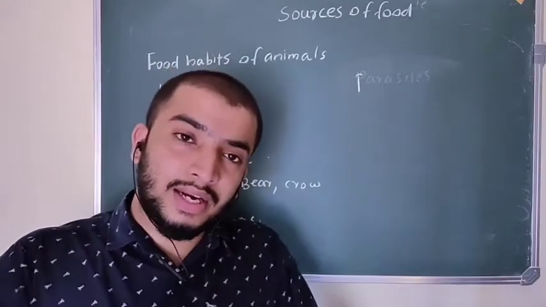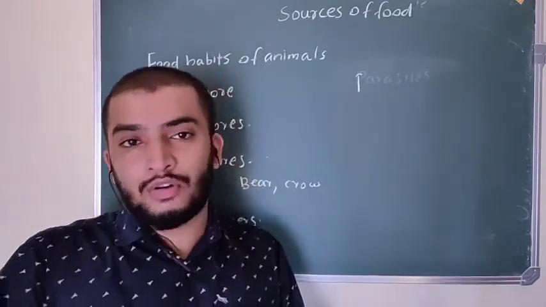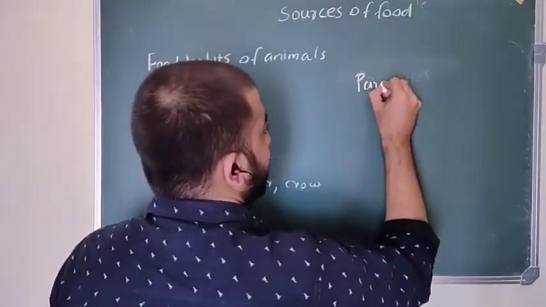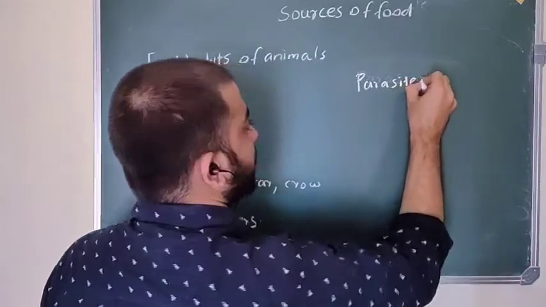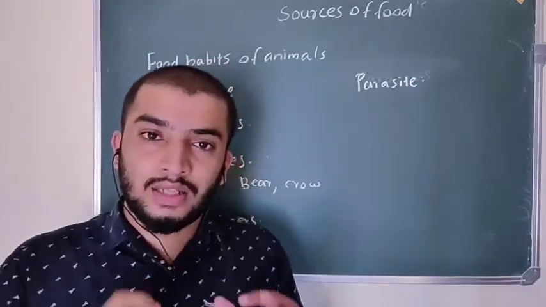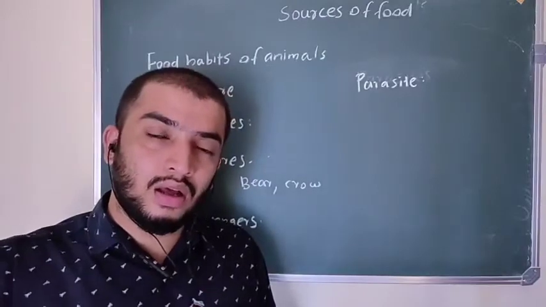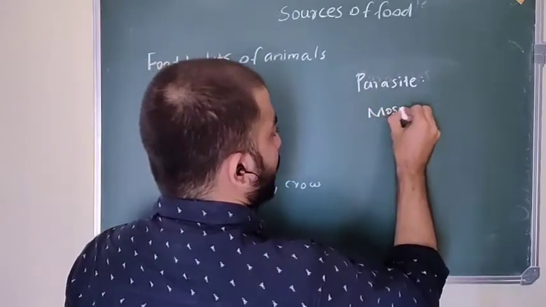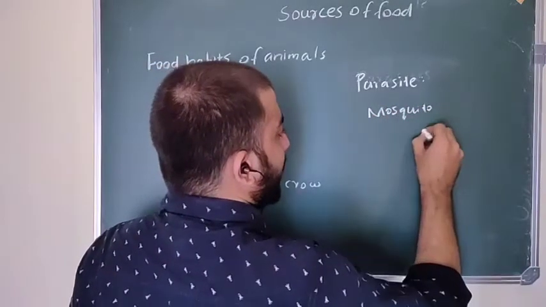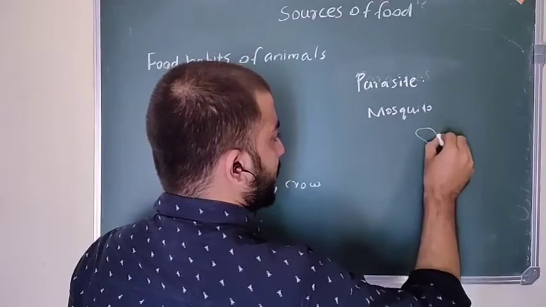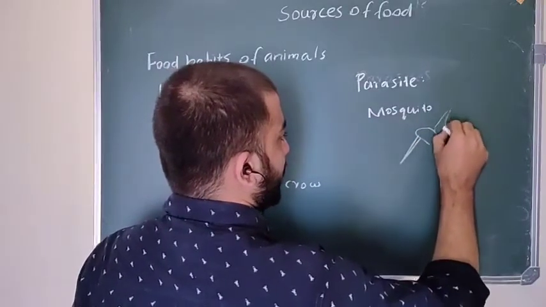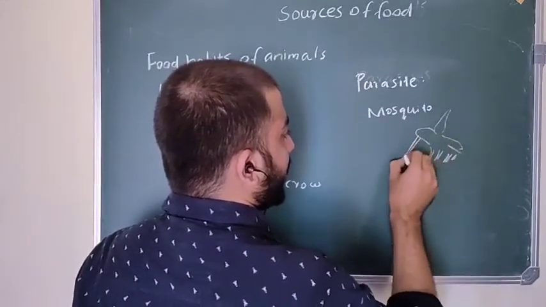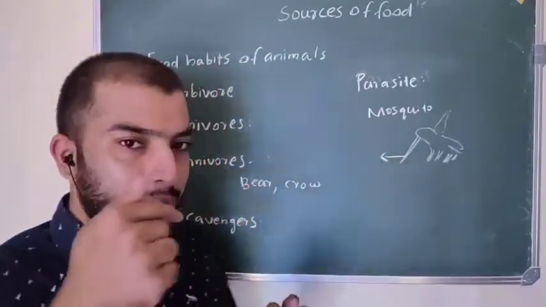Some animals depend on other animals for food and are called parasites. So what is a parasite? The animal which depends on another living animal for food. For example, mosquito. A mosquito has a long, pipe-like structure.